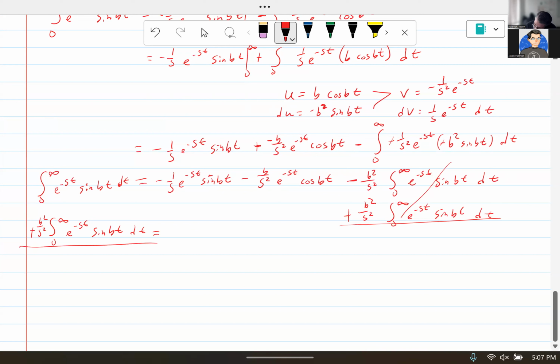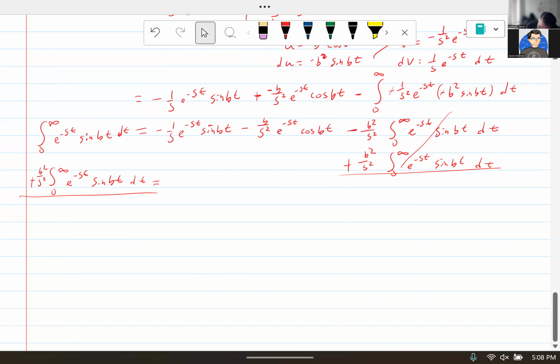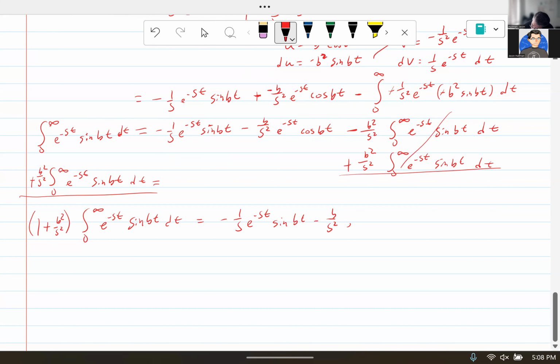I'm going to add those together, and I get 1 plus b squared over s squared times the integral from 0 to infinity of e to the negative st sine bt dt is equal to negative 1 over s e to the negative st sine bt minus b over s squared e to the negative st cosine bt.